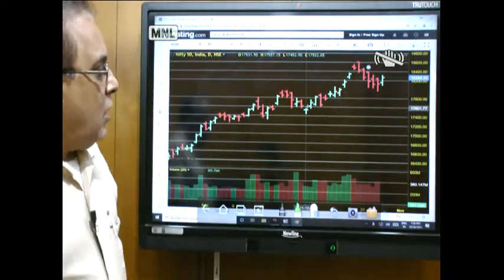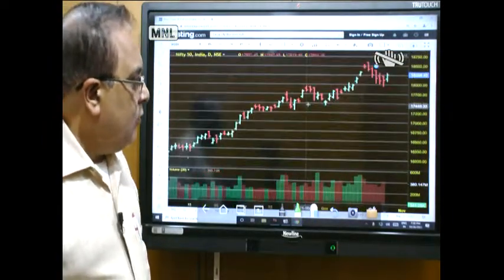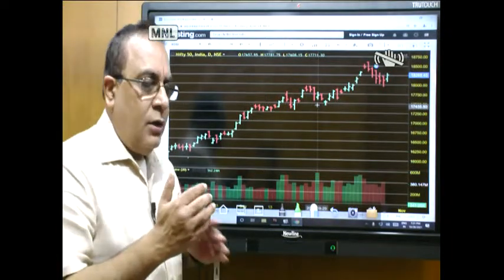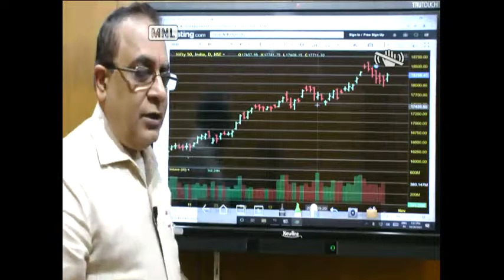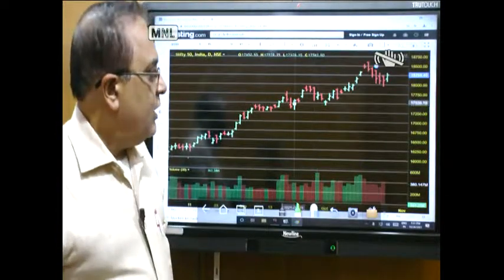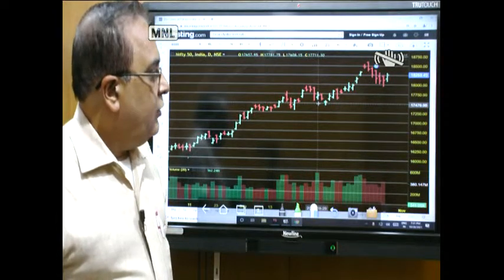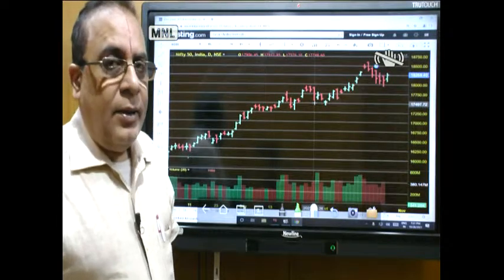Now inside day in Nifty, see, look at this inside day. I told you that if the price action is within the previous day price action, then it becomes an inside day. So here is a case where it's an inside day, right? This is an inside day because this is below the previous day high low.